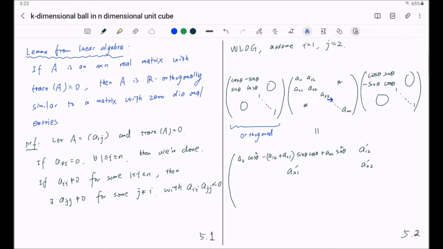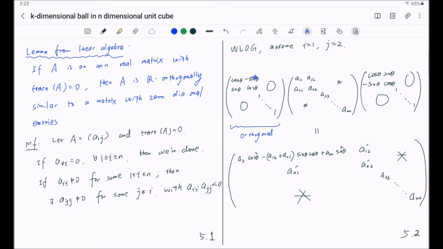And observe that a3,3 prime will be equal to a3,3, all the way to an,n prime, which will be equal to an,n. They are preserved. We don't know the other entries. We don't have to compute them. Let's just focus on the diagonal entries plus those two elements.